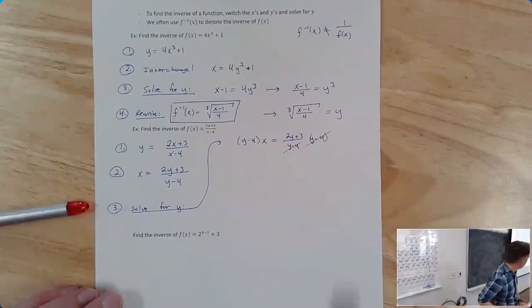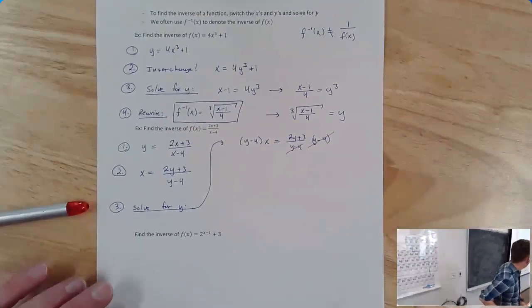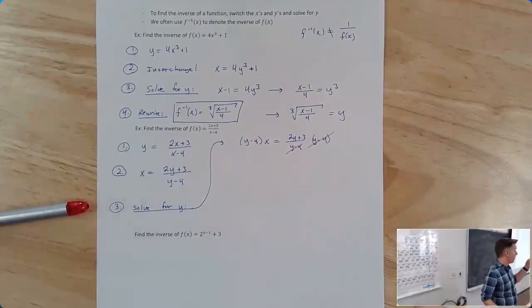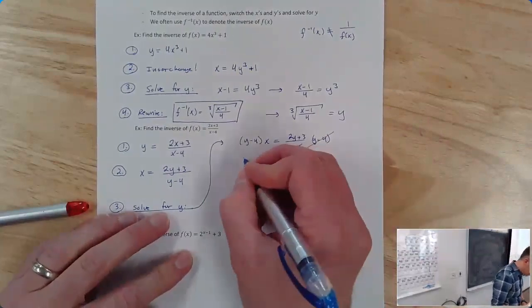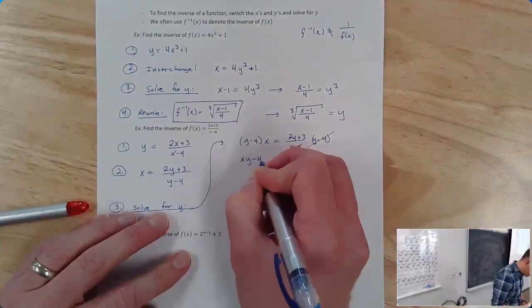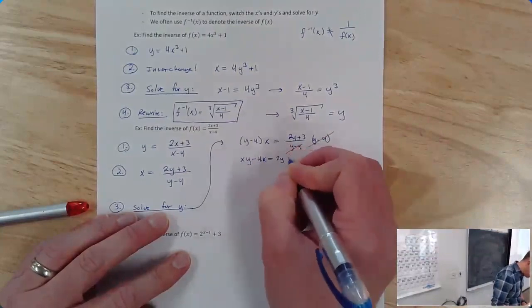Here's where people usually take a wrong turn. We have to solve for y, and our answer has to not have any y's in it. So to make that happen, we have to get all the terms that have a y on the same side of the equation. So we have to distribute this x and get x times y minus 4 times x equals 2y plus 3.